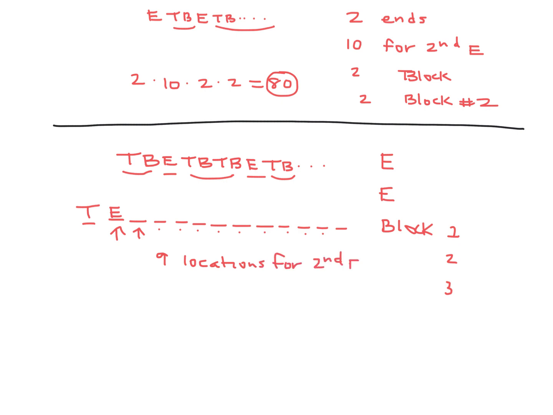Yeah. And then if the first E was in the third spot, then we have 8 locations for the second E. You see what I mean? And then similarly, you just keep going down, all the way down to 1. 9, 8, 7, 6, 5, 4, 3, 2, 1.